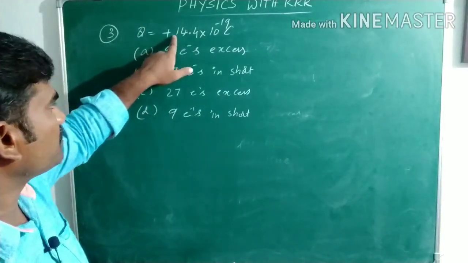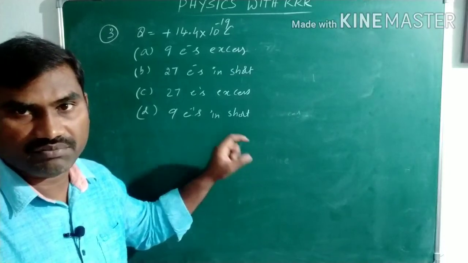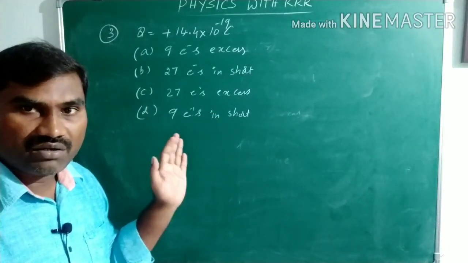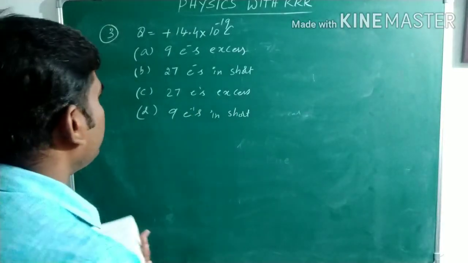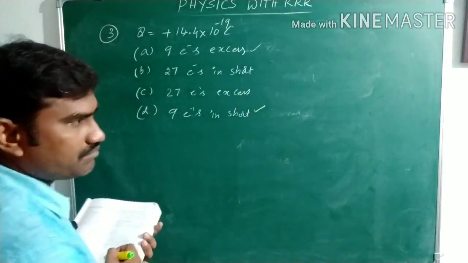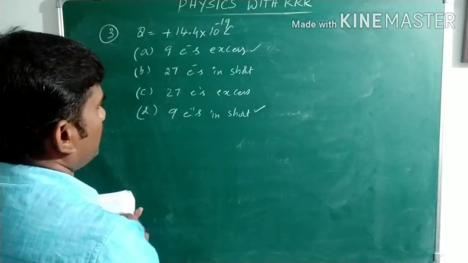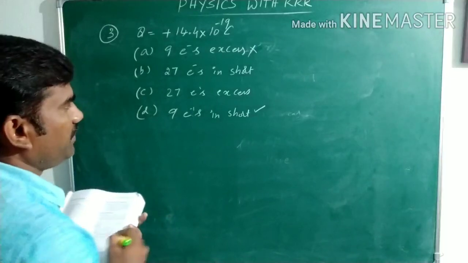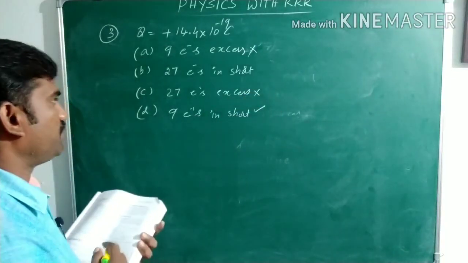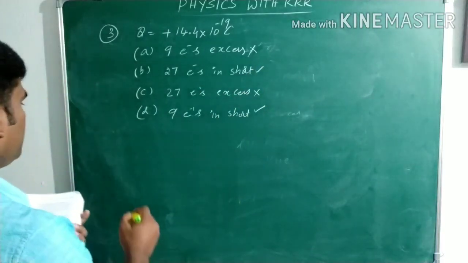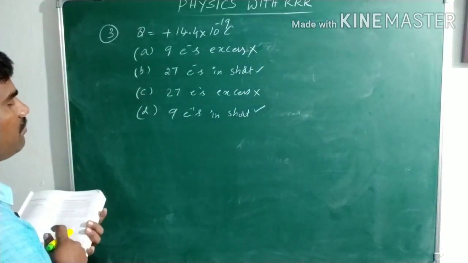So here they have given a conductor with 14.4 into 10 power minus 19 coulomb positive charge. A body gets positive charge because of lack of electrons. That means electrons in short, so either option B or D. Excess is not possible, so options A and C are ruled out. Now we have to check the number of electrons.